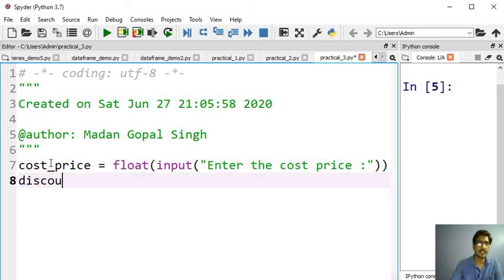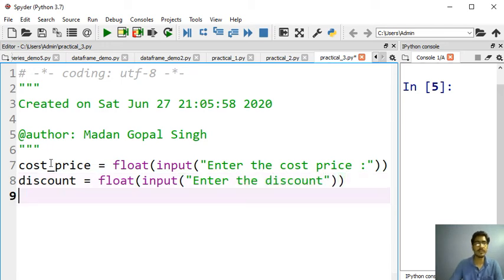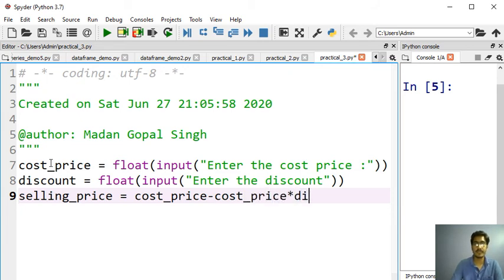Then we are taking the discount equals float input, enter the discount. Both can be float. Now we will calculate the selling price. Selling price equals, how do we calculate? cost_price minus cost_price into discount divided by 100.